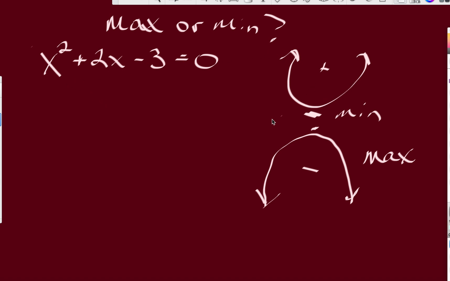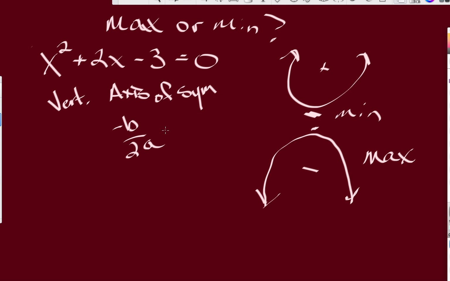This has a minimum. And then you would do some legwork. Remember, to find the vertex we have to find the axis of symmetry, which is negative b over 2a.